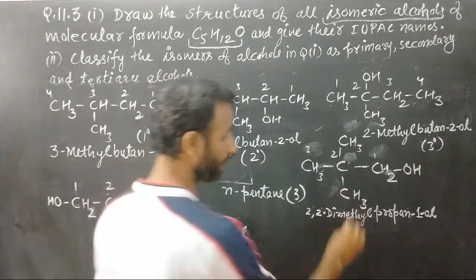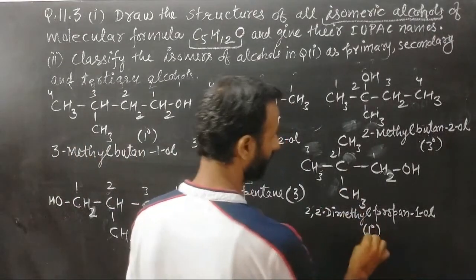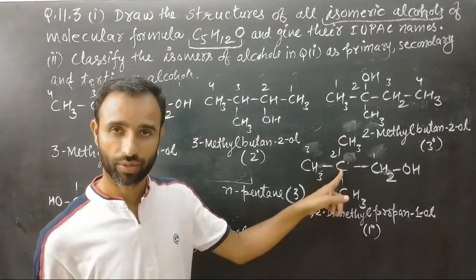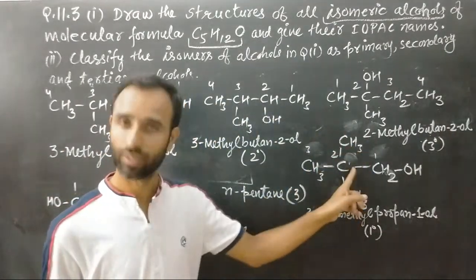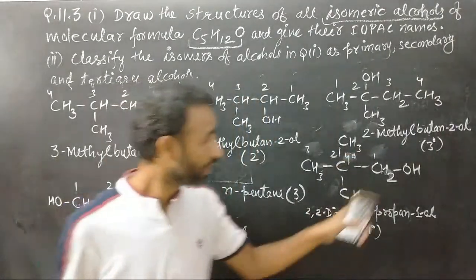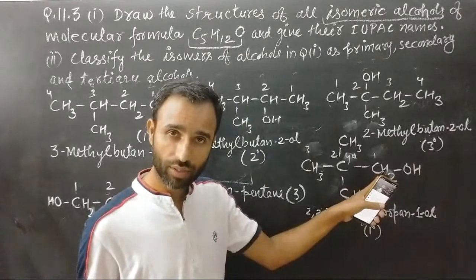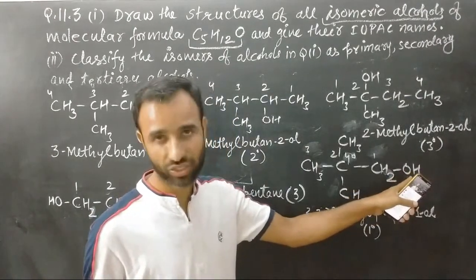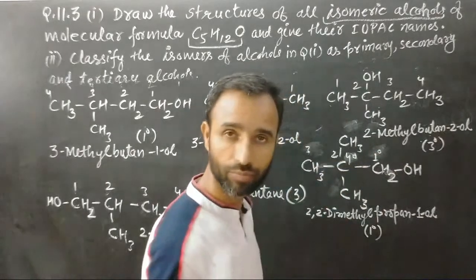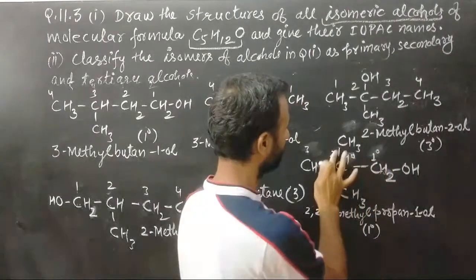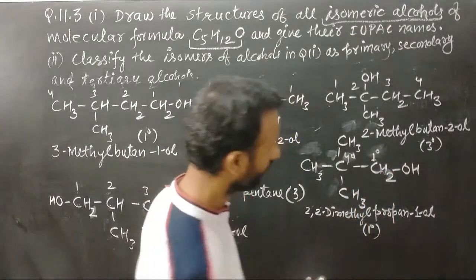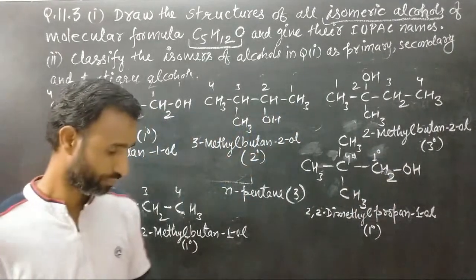It is a primary alcohol. Keep in mind, sometimes students are confused because of this thing, that this is a quaternary carbon. Obviously, this is quaternary, but the carbon to which OH is attached is primary. That's why it is called a primary alcohol.